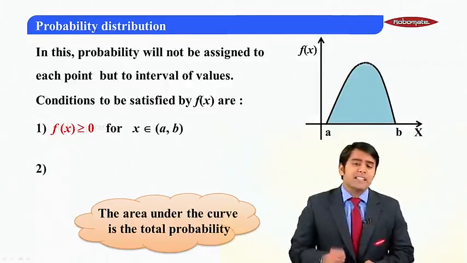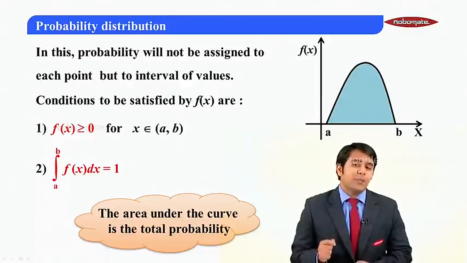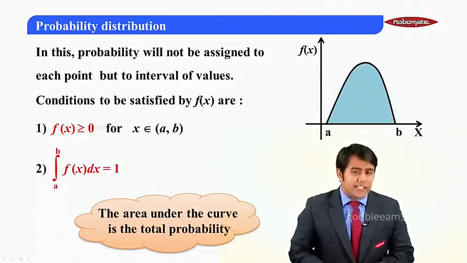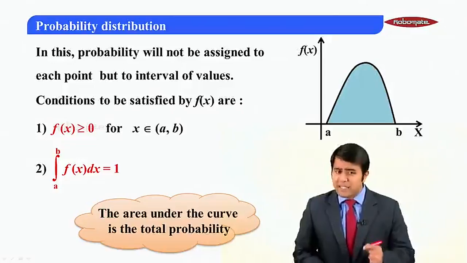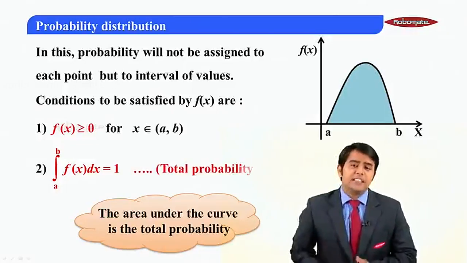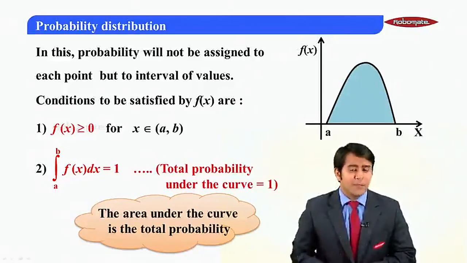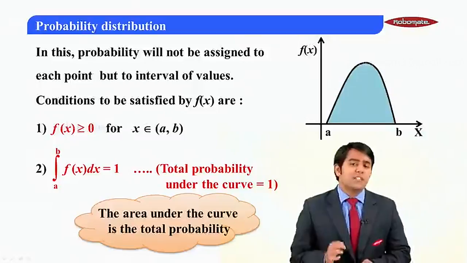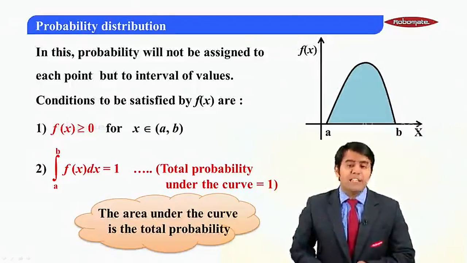So I can say that the second condition is nothing but integral a to b f of x dx is equal to 1, where integral a to b f of x is nothing but the area under the curve, and this is equal to the total probability under the curve, which is equal to 1. So these are the two conditions which must be satisfied by f of x to be a PDF.